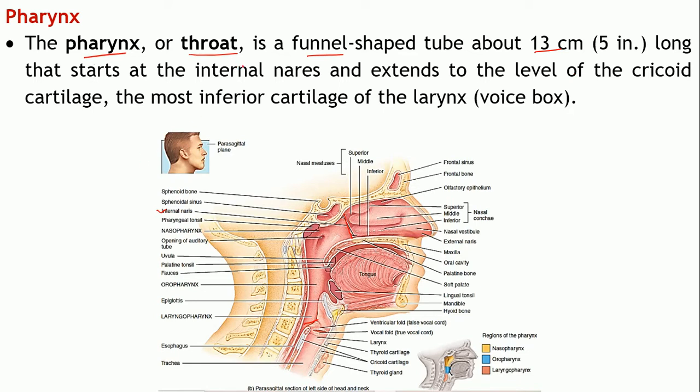As depicted earlier, it begins at the internal nares and it extends up to the cricoid cartilage. So this is the most inferior cartilage of the larynx. This is your larynx and that's the cricoid cartilage. So up to here extends the larynx.